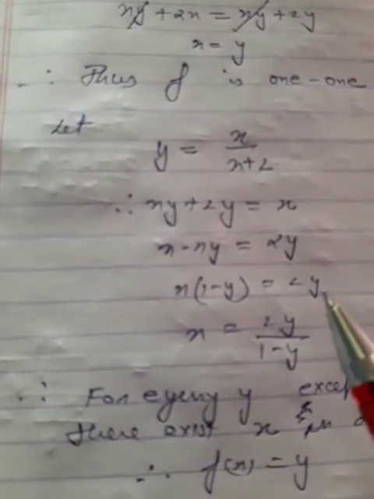So for any real number y we put over here, we always get a value which belongs to the domain of the function. Hence this function is an onto function.